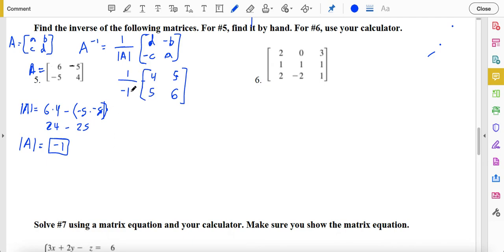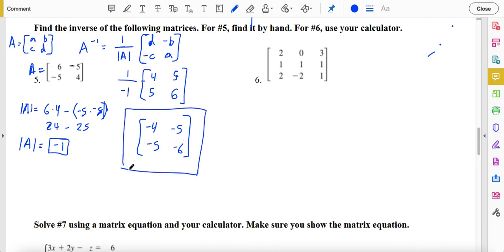All right, so the inverse of this is just 1 over negative 1 times this. Well, 1 over negative 1 is negative 1. So I multiply negative 1 into all these, and they just all get negated. Negative 4, negative 5, negative 5, negative 6. And that's the inverse of this given matrix right here. And there we go.